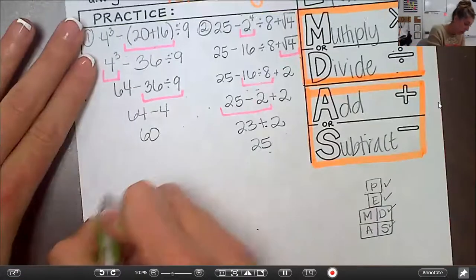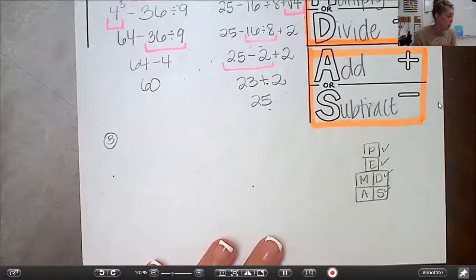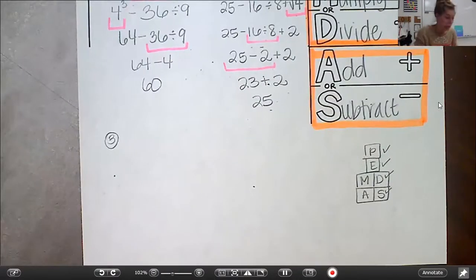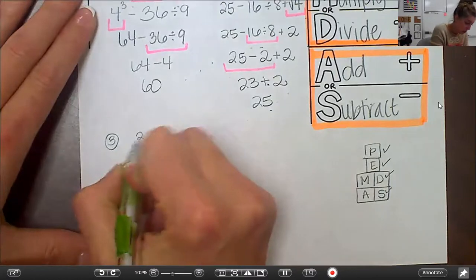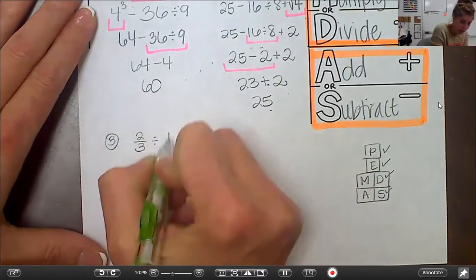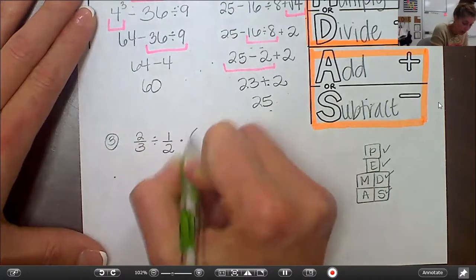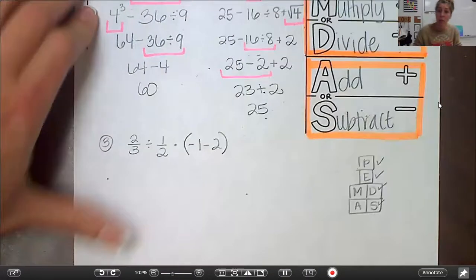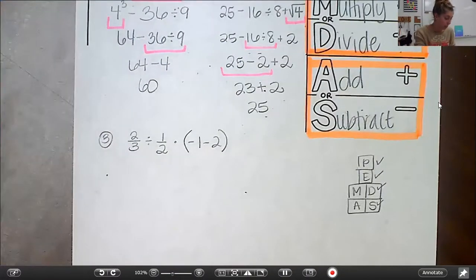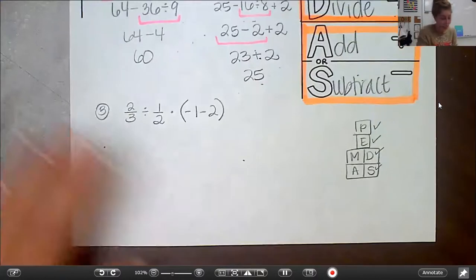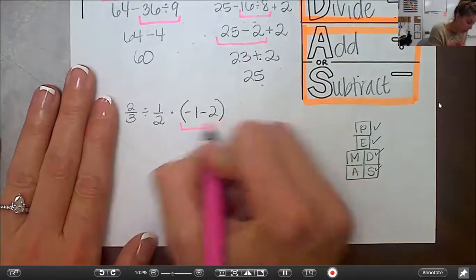I'm gonna do one more, and this time I'm gonna make it more of a 7th grade level problem. I'm going to add a fraction and some negatives in there. Let's do 2/3 divided by 1/2 times -1 minus 2. All right, so first order of business is parentheses.